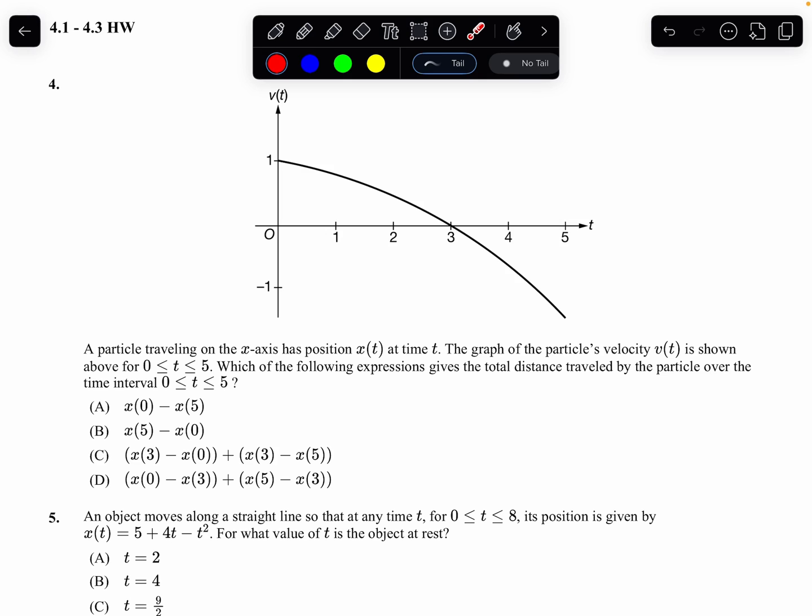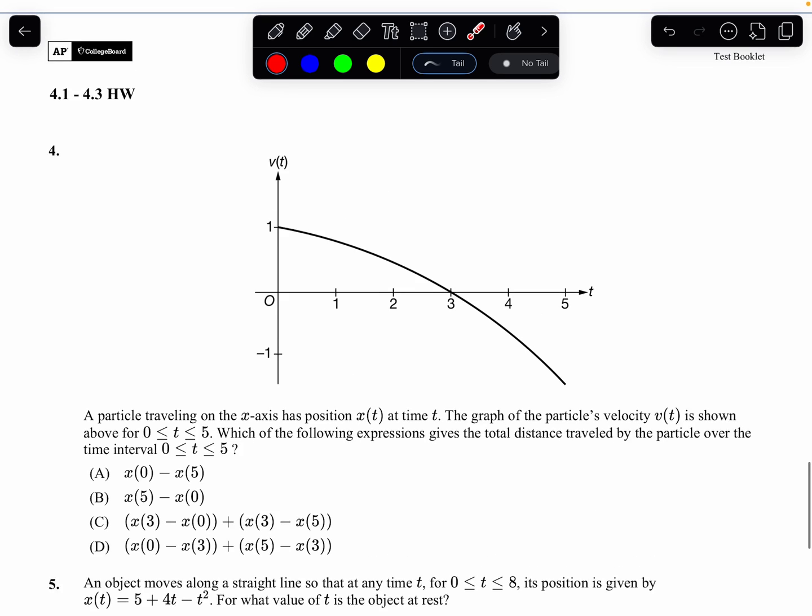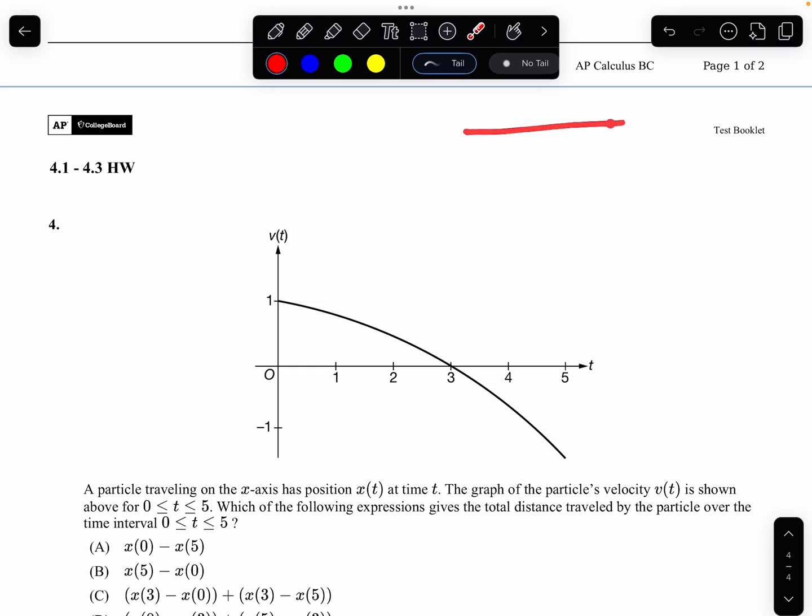So, total distance traveled is, when you think about displacement, you don't subtract values. If you are moving to the right and to the left, the displacement will just be what's happening here.